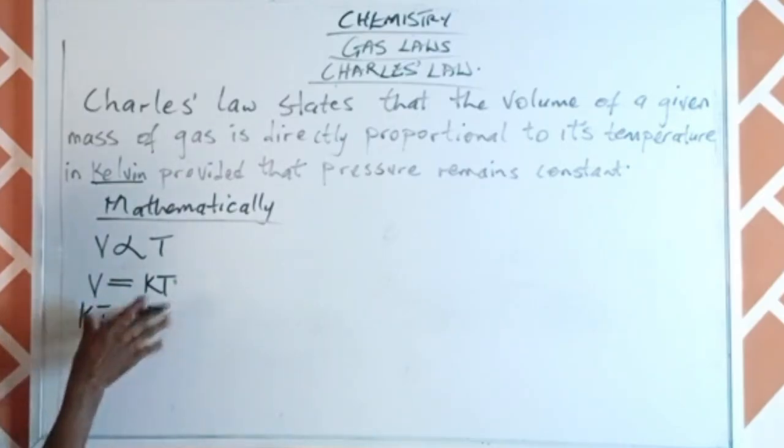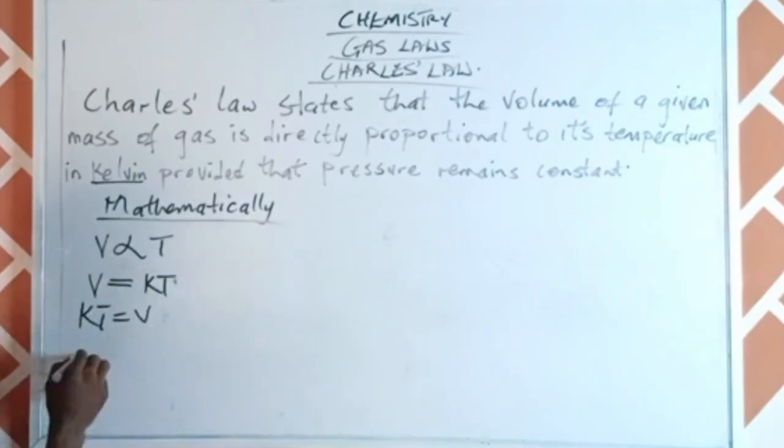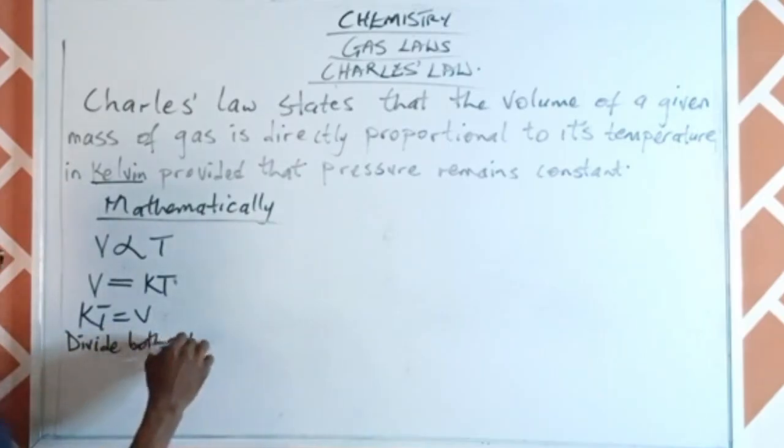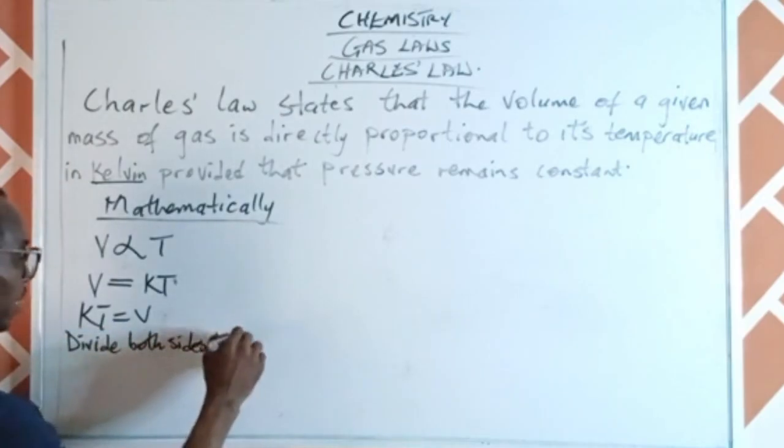If I try to make K subject of the formula, I will be dividing both sides by temperature.